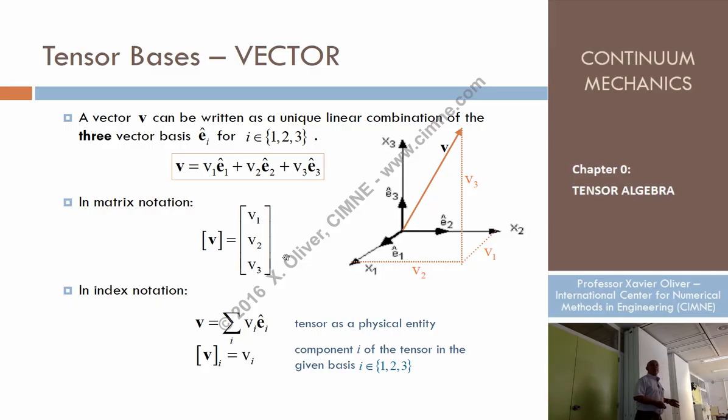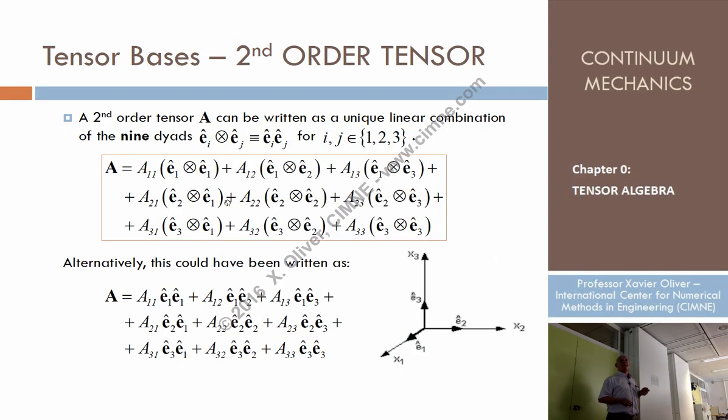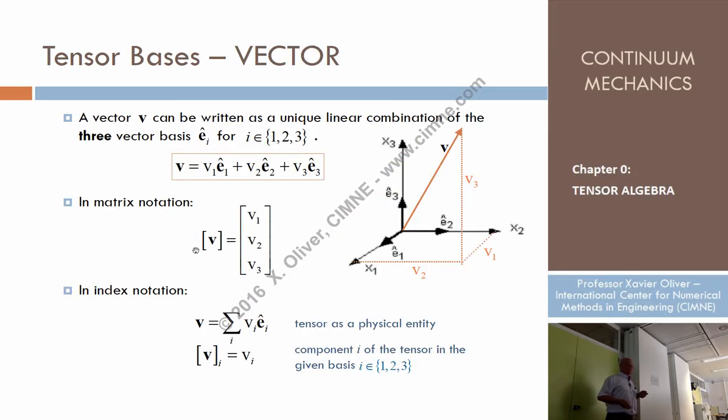So if we keep the system of coordinates constant, the tensor itself, in this case a first-order tensor, a vector, can be identified by an array of three numbers ordered as a matrix of just one column that we call the components of the vector, the matrix of components of the vector.